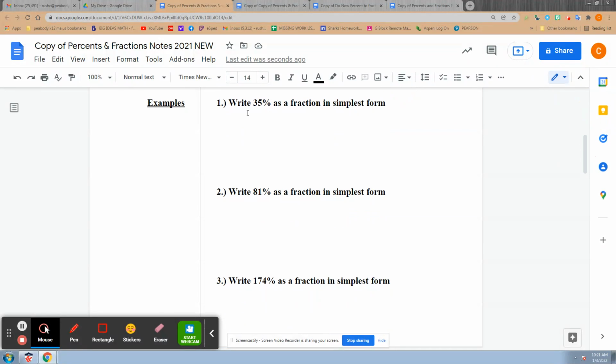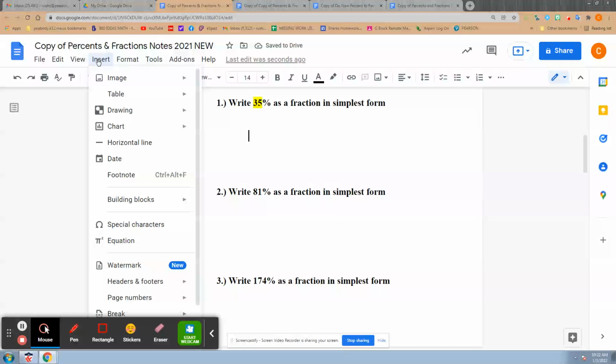Example number 1, write 35% as a fraction in simplest form. I take the percent number, which is 35. You guys are going to write this out, but it's hard for me to write, so let me show you what it's going to look like.